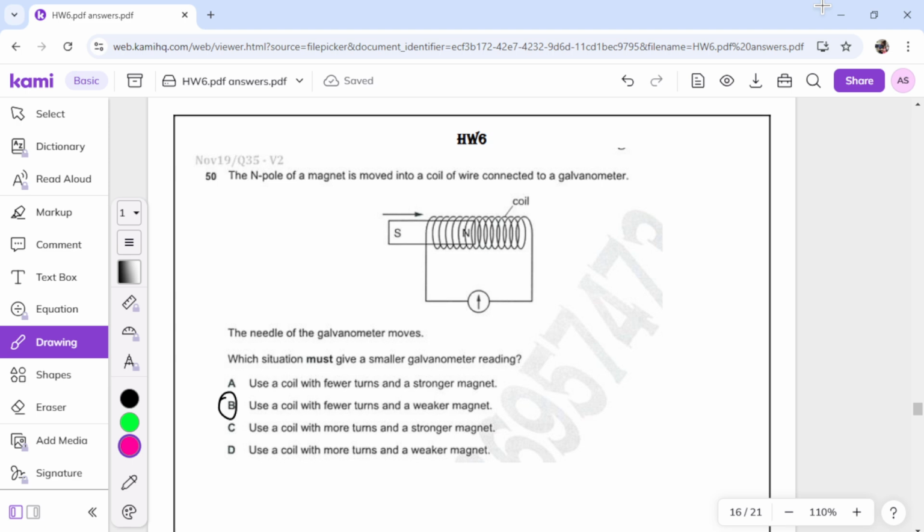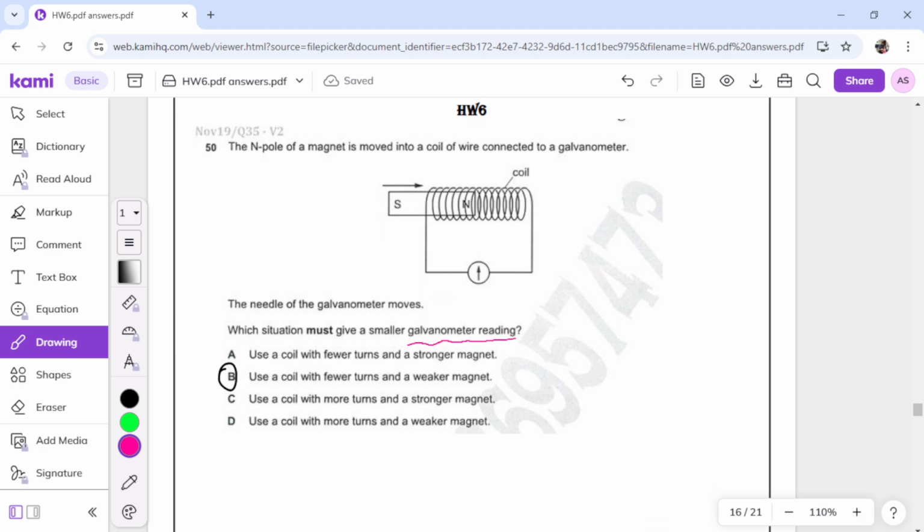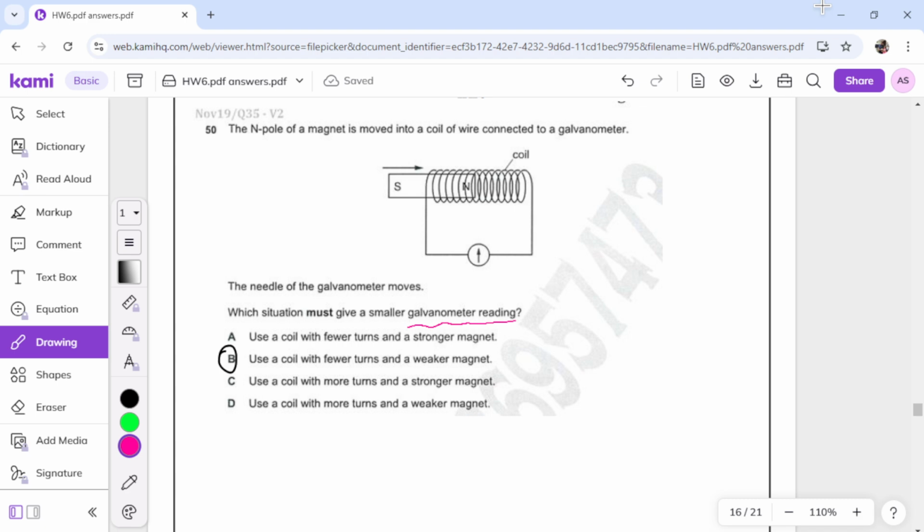This is 0. The end pole of a magnet is moved into a coil of wire connected to a galvanometer. The needle of the galvanometer moves. Which situation must give a smaller galvanometer reading? We want a smaller galvanometer reading. It means we want a smaller EMF and current. So he said use a coil with fewer turns and a stronger magnet.